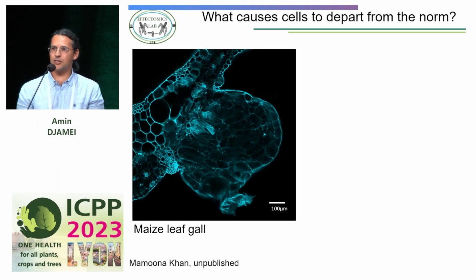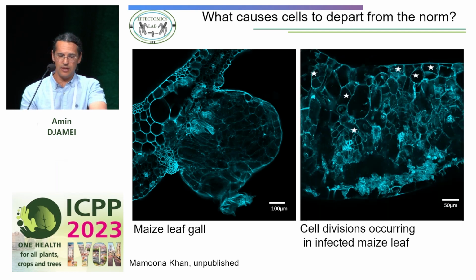Also here in this cross-section, you can nicely see this through a calcofluor-stained gall in the plant. You see that there are elongated cells, cell expansion happened. You see a lot of cell division, both in the epidermis, in the mesophyll cells, as well as in the bundle sheath cells, so basically across the whole leaf.